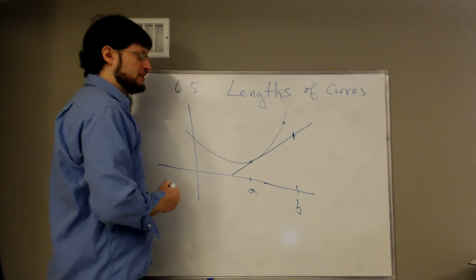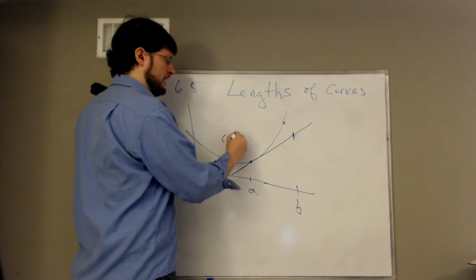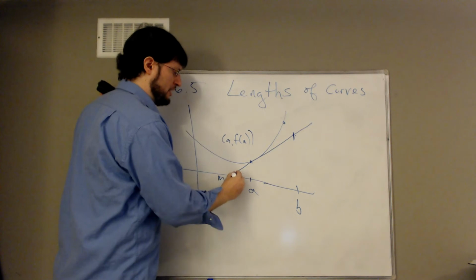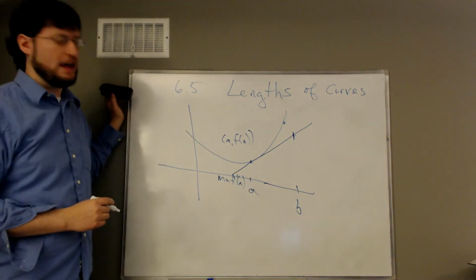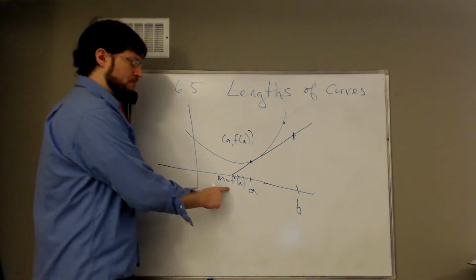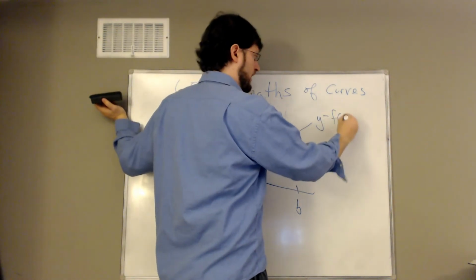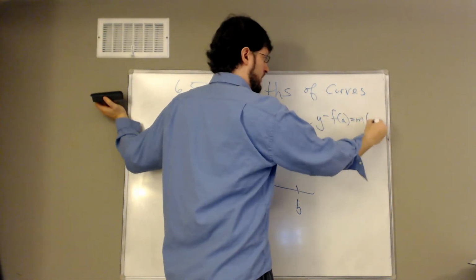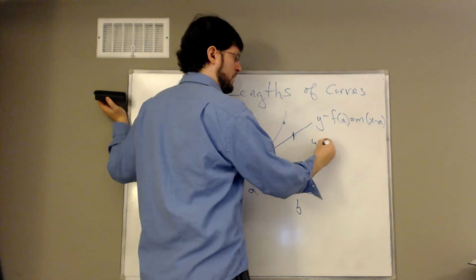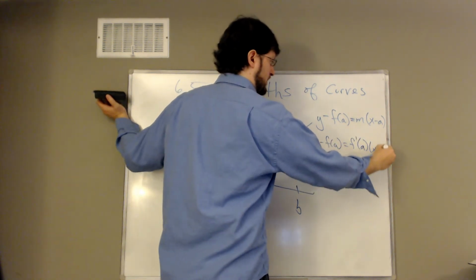That's pretty easy to do because the tangent line, this is the point A, f of A, and the slope of this is f prime of A because the derivative gives us the slope of the tangent line. So I have the slope and I have a point. So the equation of this line is y minus the y value is m times x minus the x value. That's the point-slope form. So that's y minus f of A is the slope, which is f prime of A, times x minus A.